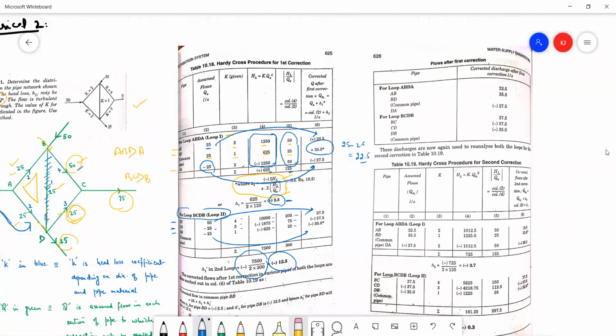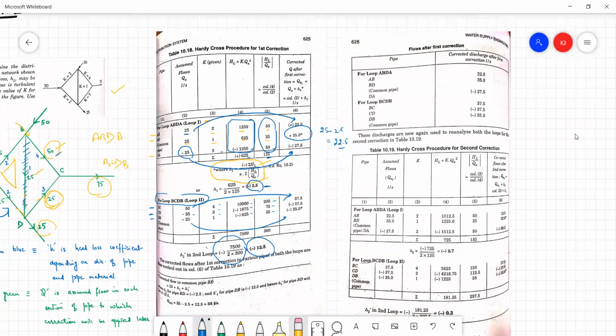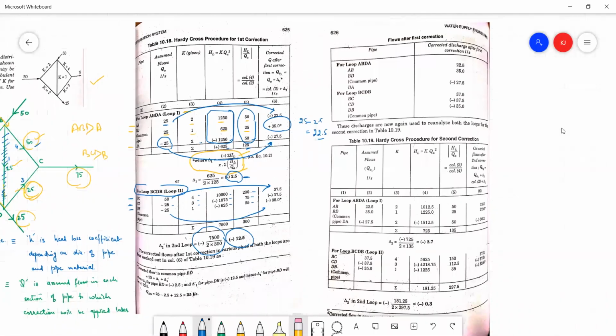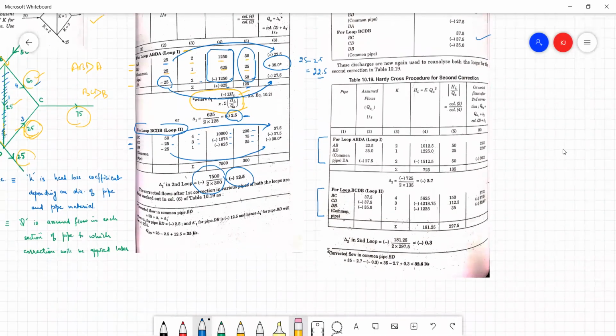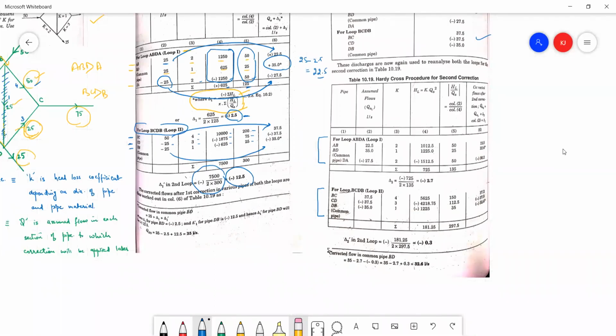So now, assuming the corrected flows which we have obtained till now are the assumed flows for the second iteration, we will continue again with the first loop, with the second loop, and here we see that the correction factor comes out to be very small: minus 2.7 and minus 0.3.